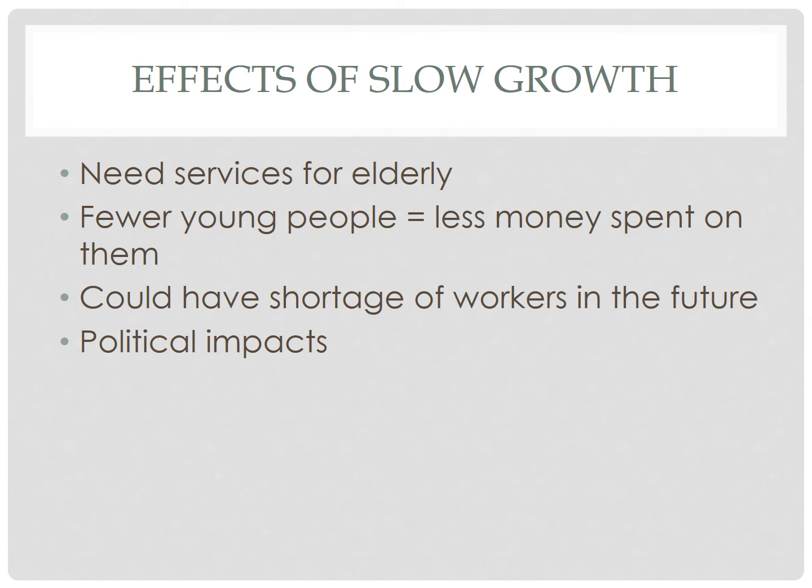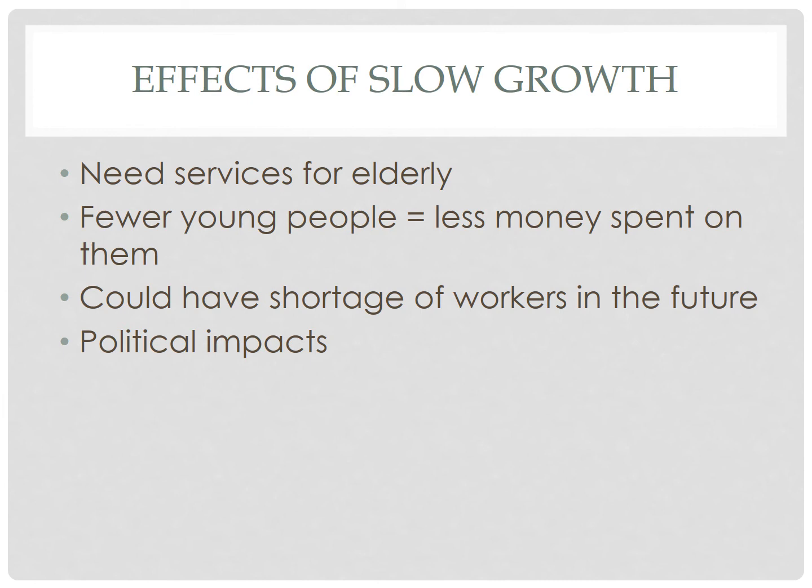That means developing things like retirement programs, an example being Social Security here in the United States, and medical programs geared towards older individuals, what we call Medicare here in the United States. These are examples that can help elderly individuals. In addition, countries with slow growth generally have fewer young people, so less money is spent on them. They don't need to keep building schools and daycares and things that cater to young people. Instead, they need to focus on building services for the elderly.